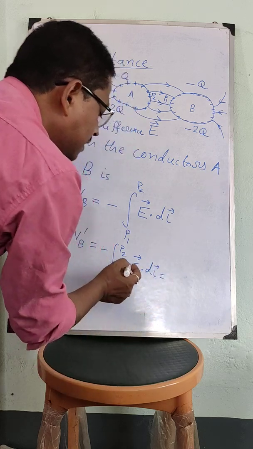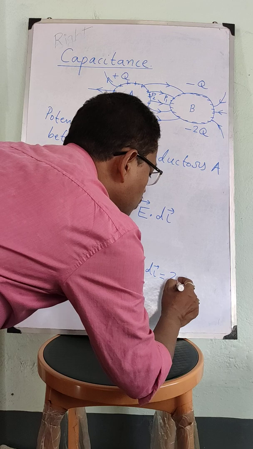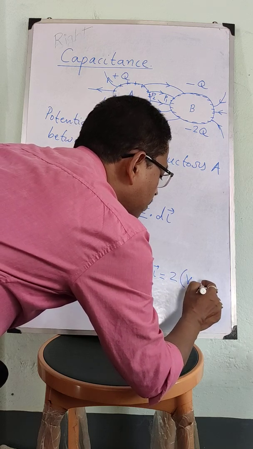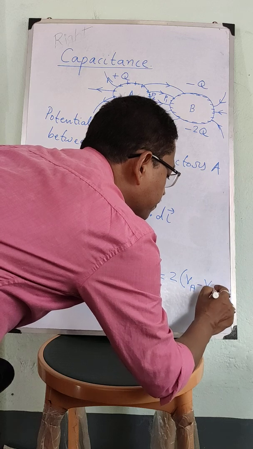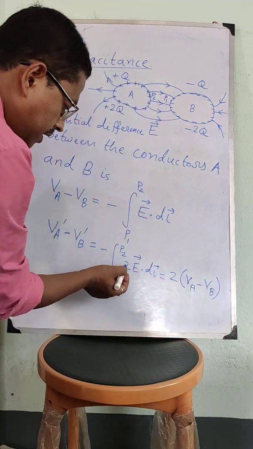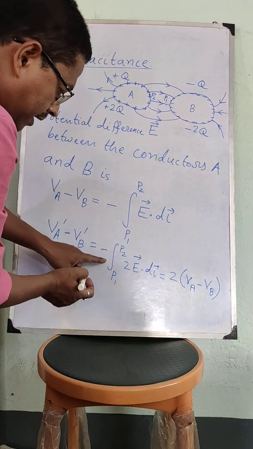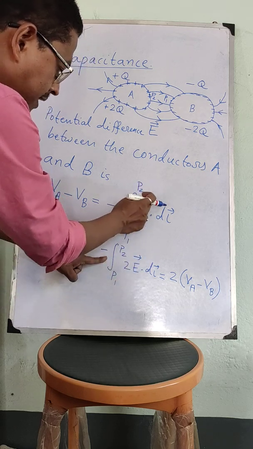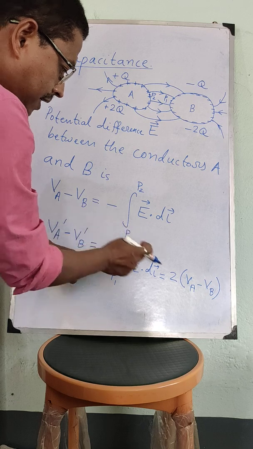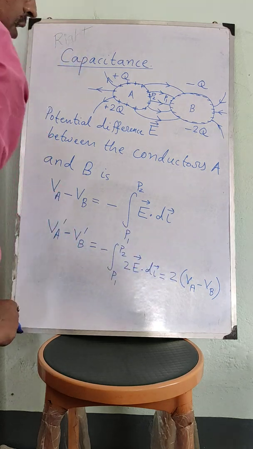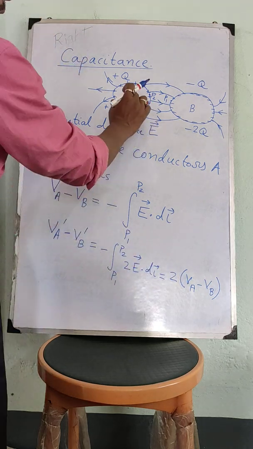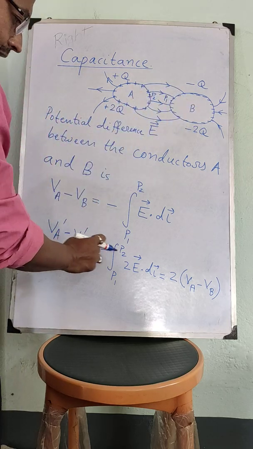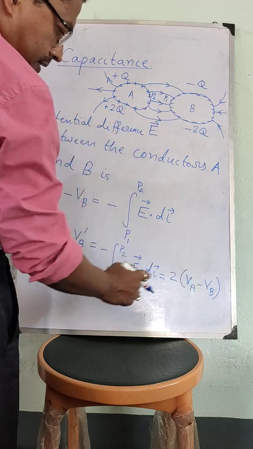So this is nothing but 2 into VA minus VB, because you can take 2 outside the integration, then what remains is this, and this is VA minus VB. So we see that if we double the charges on the two conductors, the potential difference gets doubled.